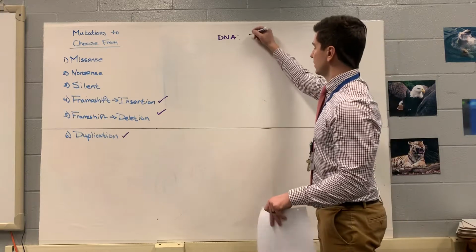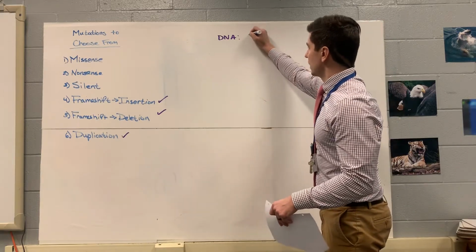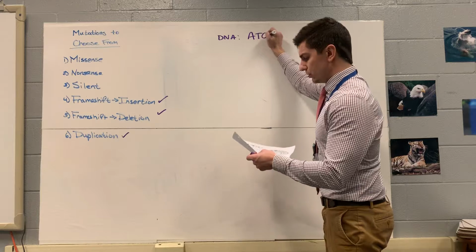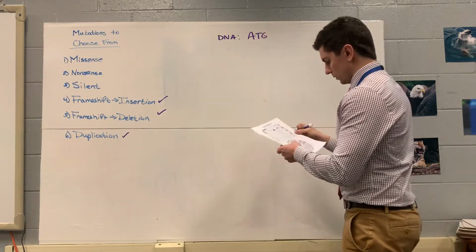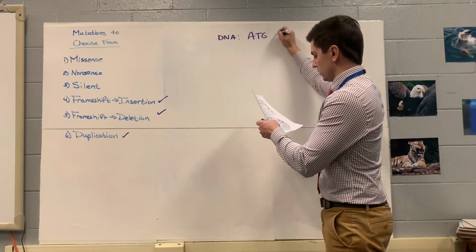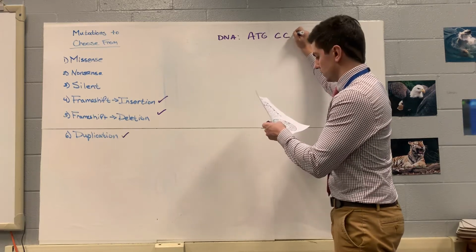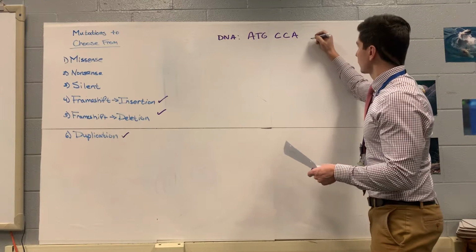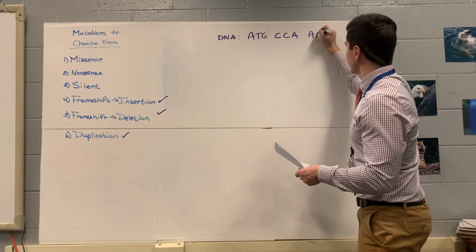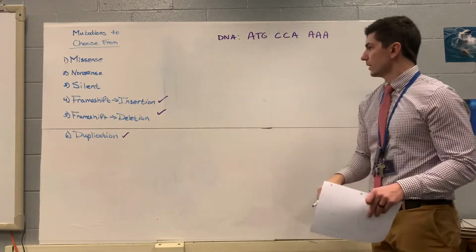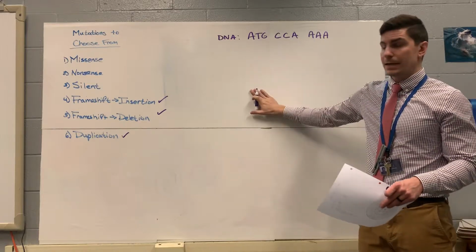So for the DNA, I'm going to put ATG, let's go with C, C, A, and then A. So that's our normal DNA.